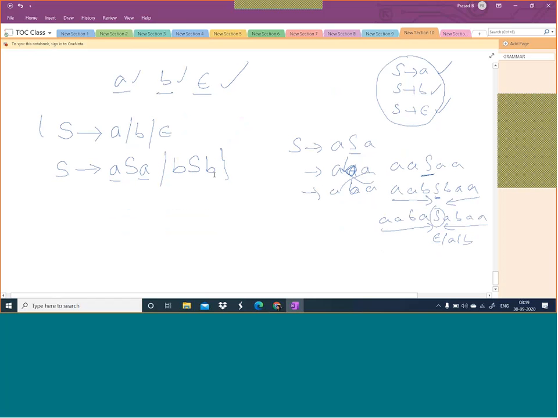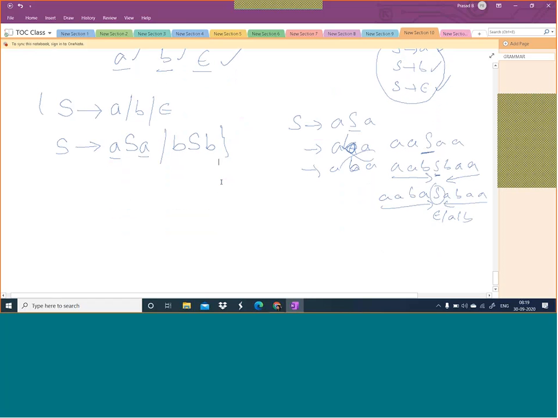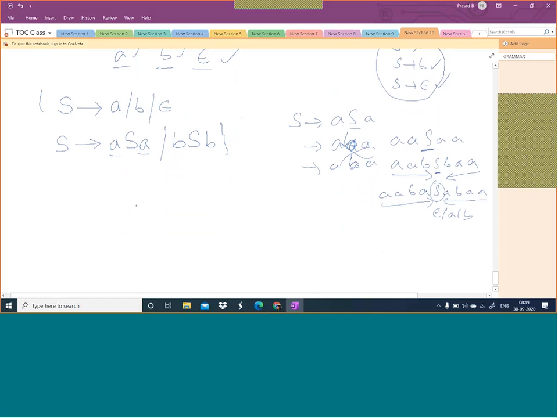So what is the perfect grammar? The full grammar is G equal to (V, T, P, S). We require only one non-terminal, which is S. The terminals are A and B. The productions are P, and S is the start symbol. What are the productions here?